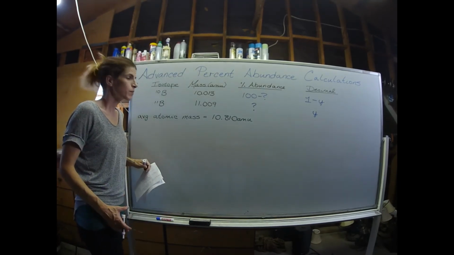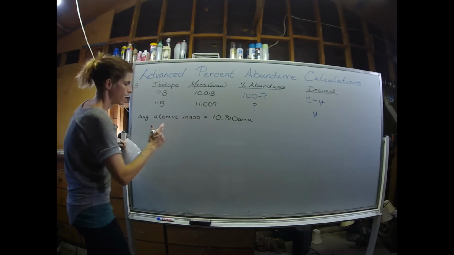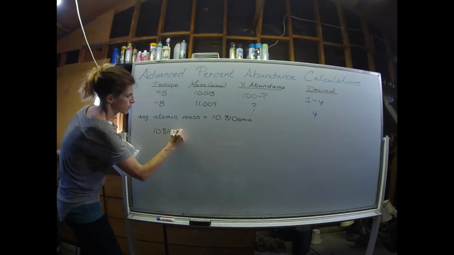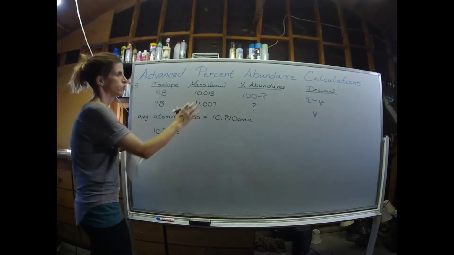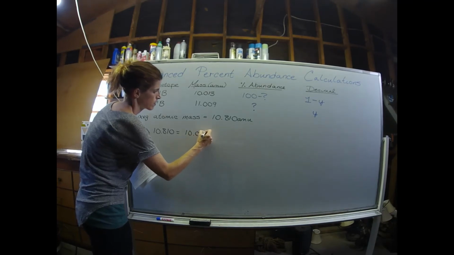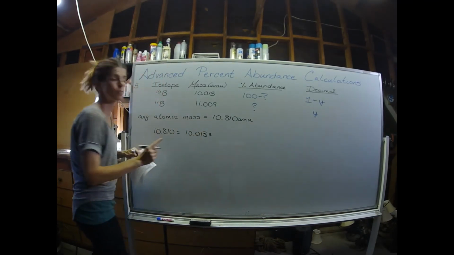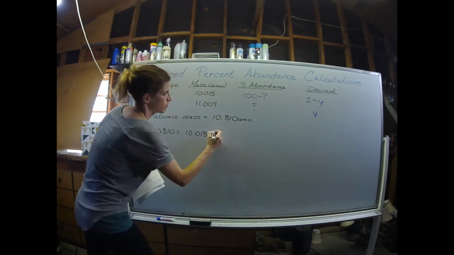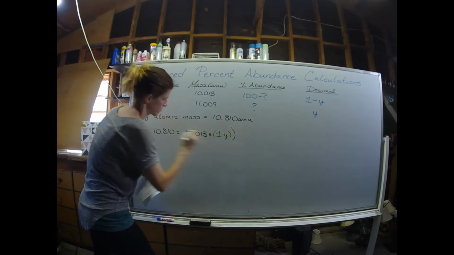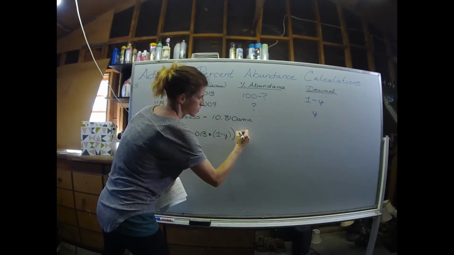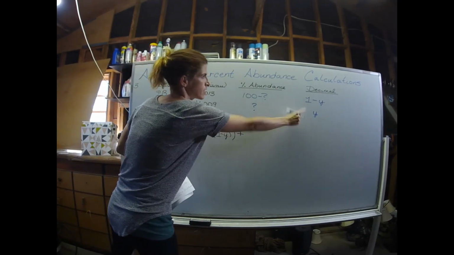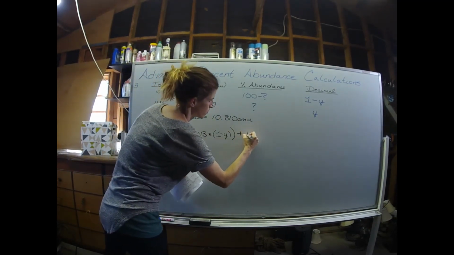The setup is going to be the same. We're going to start with our average atomic mass on the left-hand side. And we're going to set that equal to the mass of the first isotope times its percent abundance in decimal form plus the mass of the second isotope times its percent abundance in decimal form.